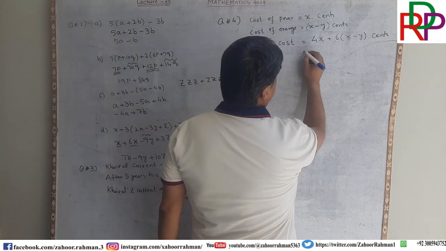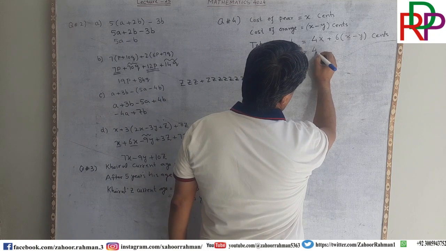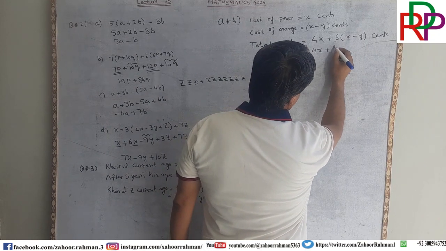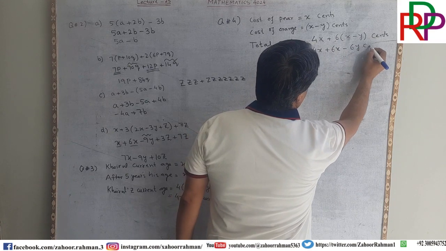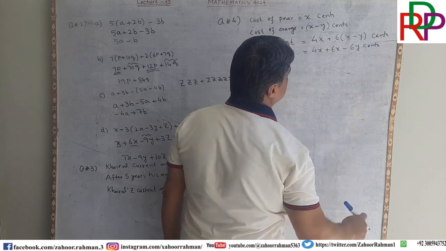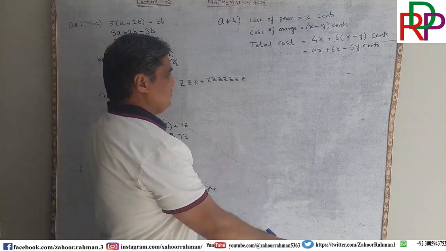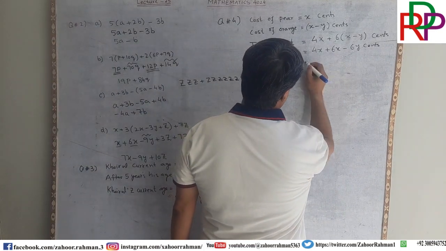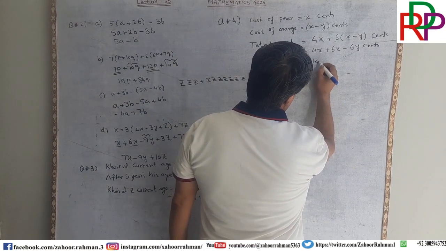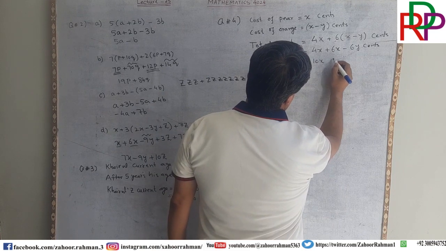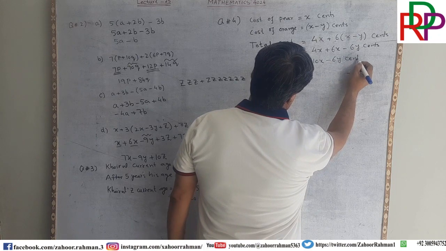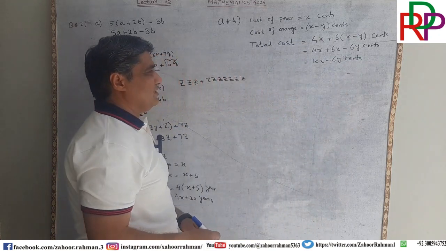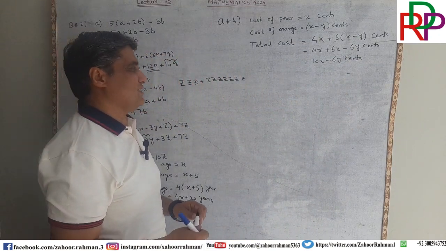So that is equal to 4x plus 6x minus 6y cents. Now we have to add this 4x with the 6x, which is 10x, and minus 6y cents. That will be the total cost of this.